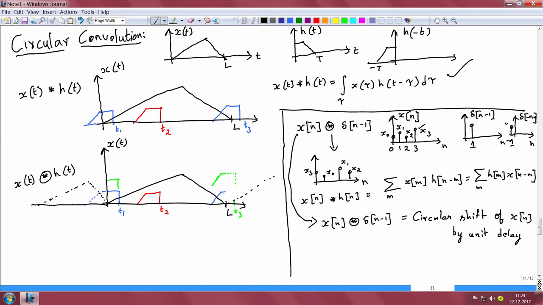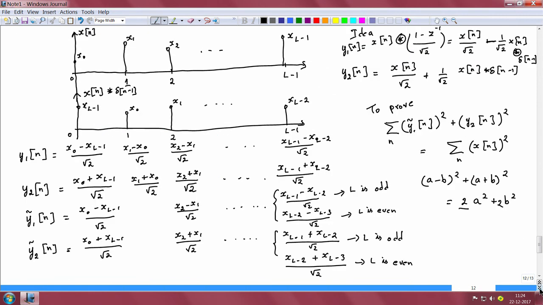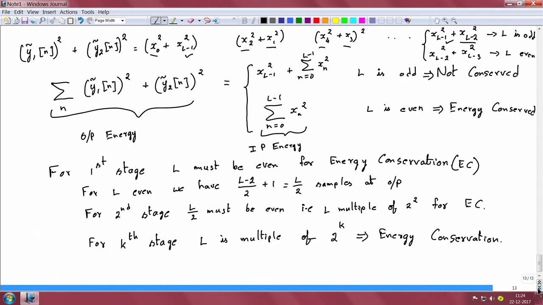So, circular convolution is usually done for finite duration signals, where the delay here is a circular delay, not a linear shift. And we use this circular convolution to analyze the energy conservation principle for the particular structure that was given. We see that only when the length of the signal satisfies certain properties does energy conservation hold true.